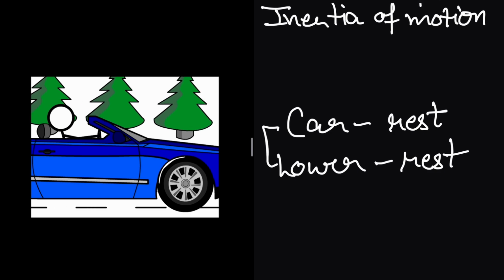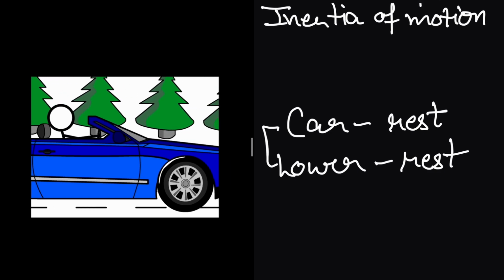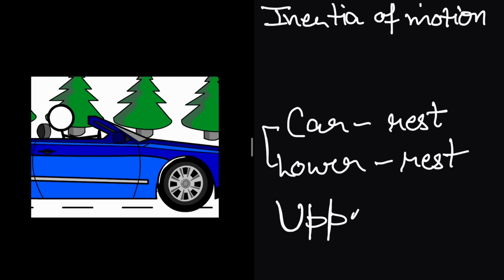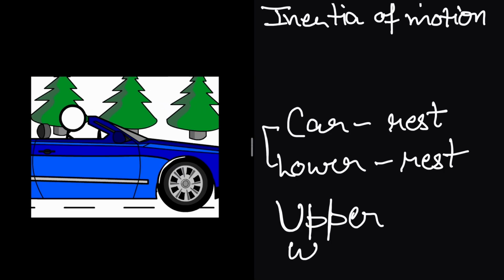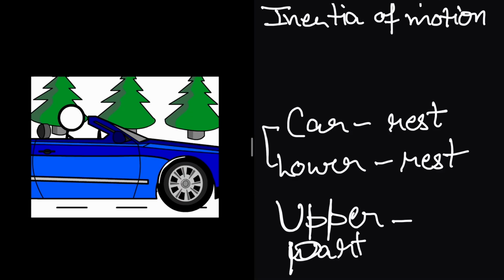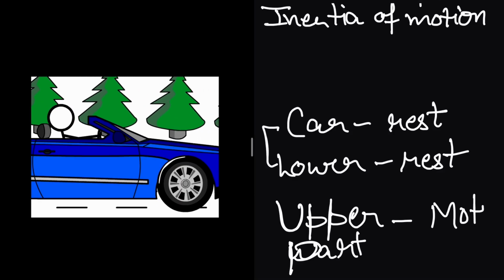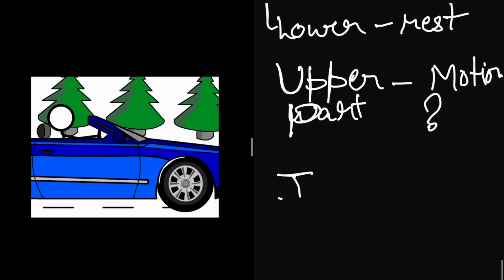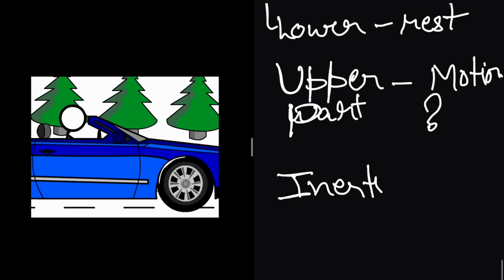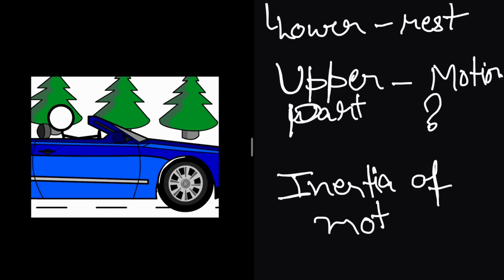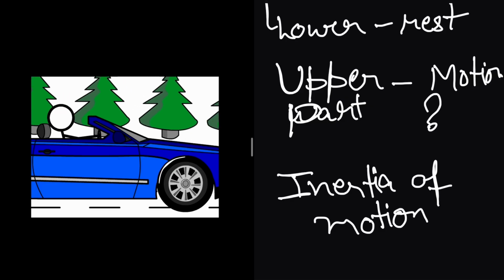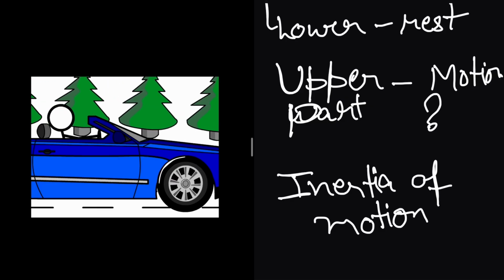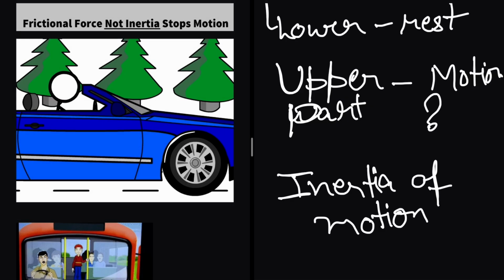But the upper part of his body wants to remain in motion. Again the answer is the same: because of the inertia of motion. Clear? So he falls in which direction? Forward direction. Clear? Next example.